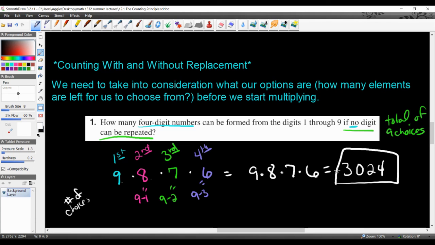So this is the number of 4-digit combinations that we can find with the digits 1 through 9 if none of the digits are repeated. This would be an example of without replacement, where you can't put that number back. So this one is without replacement, kind of like the horse example.